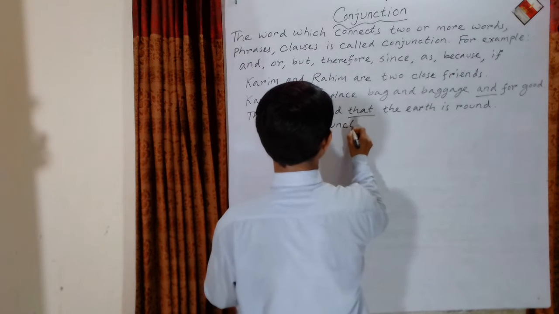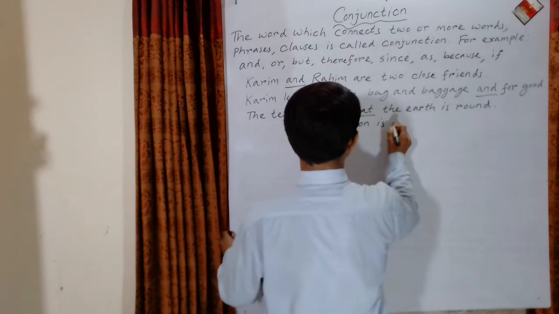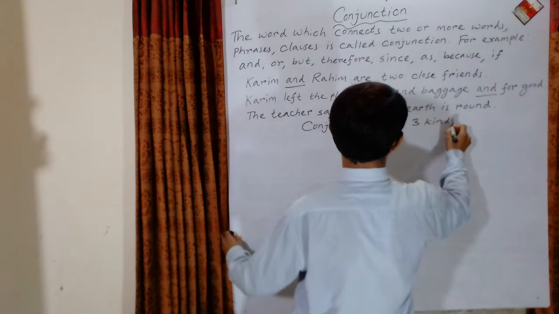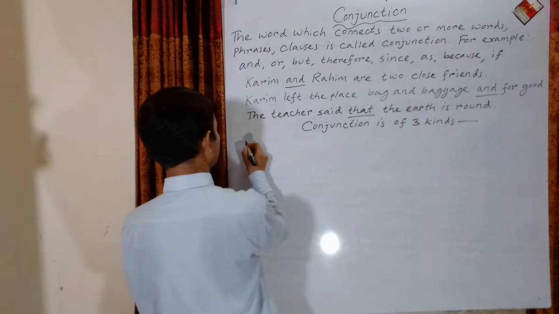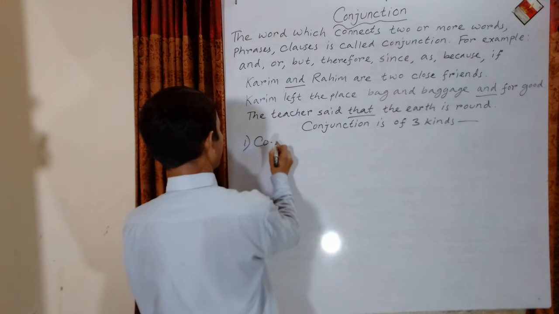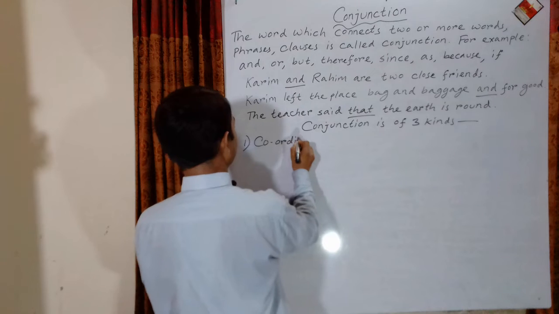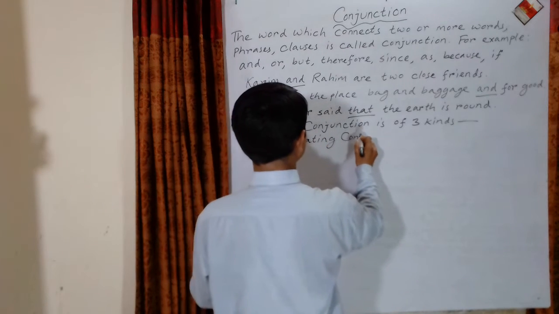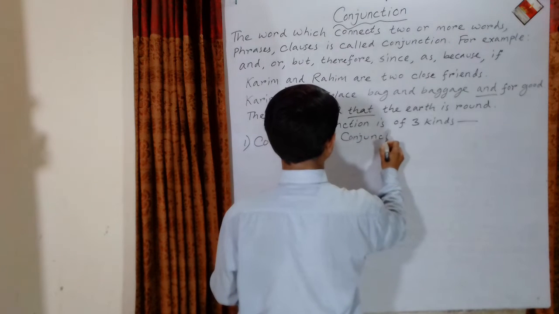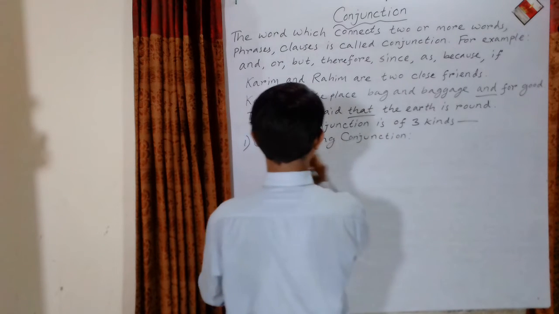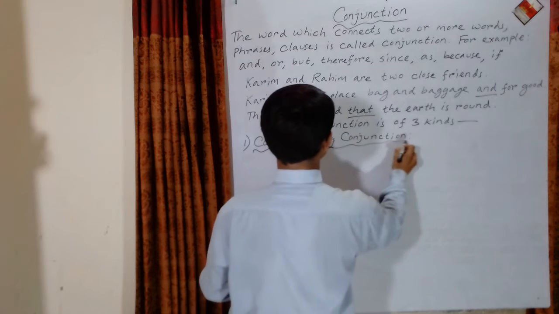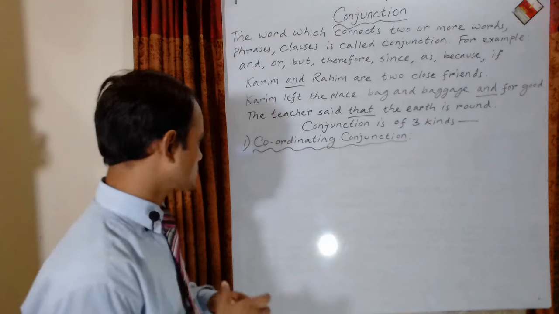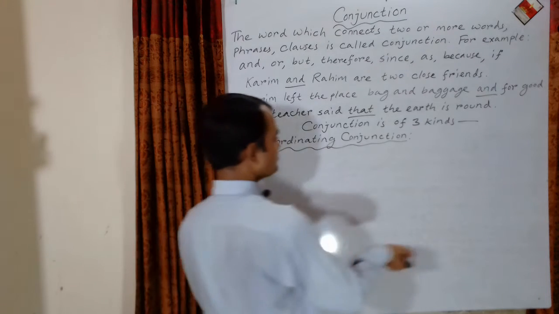Conjunction is of three kinds. One, coordinating conjunction. Coordinating conjunction, subordinating conjunction, correlative conjunction. What is coordinating conjunction?